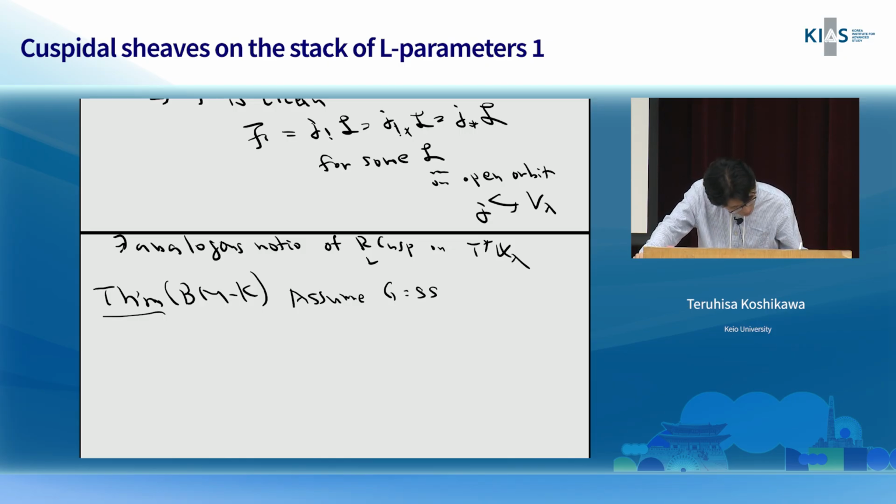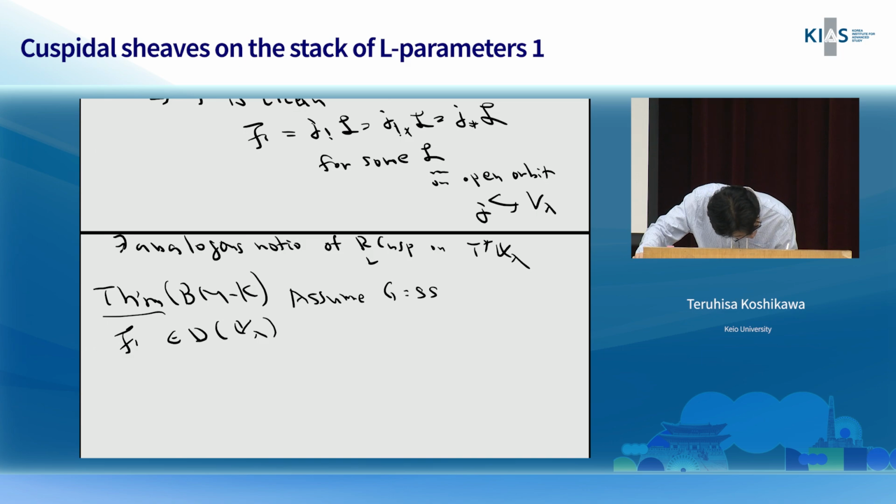And suppose I have this constructible cuspidal sheaf, and it has the form of an extension of L rho, and rho is a representation of S phi.